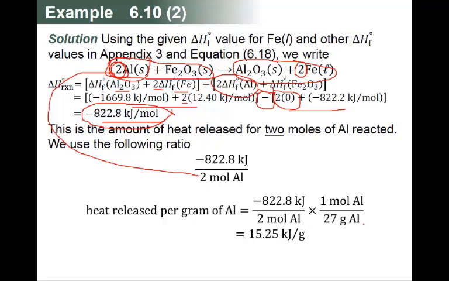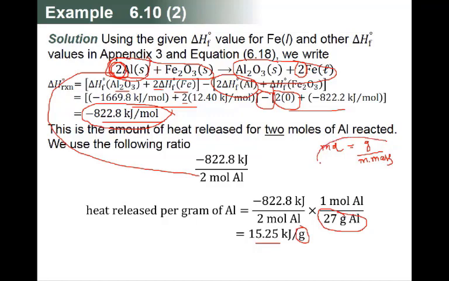And then we divide by 27, because if you see the periodic table, the molar mass of aluminium is 27. So you divide by 27, and it will change into grams. Mole will change into grams. So this is the answer. Because the formula is: if you want to make moles from any substance, it is grams divided by molar mass, and molar mass comes from the periodic table.